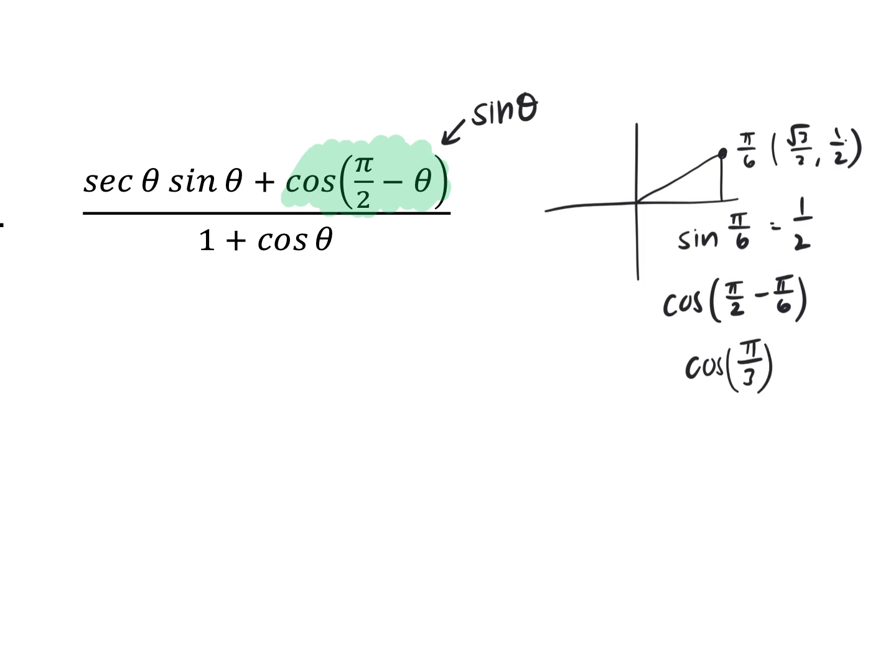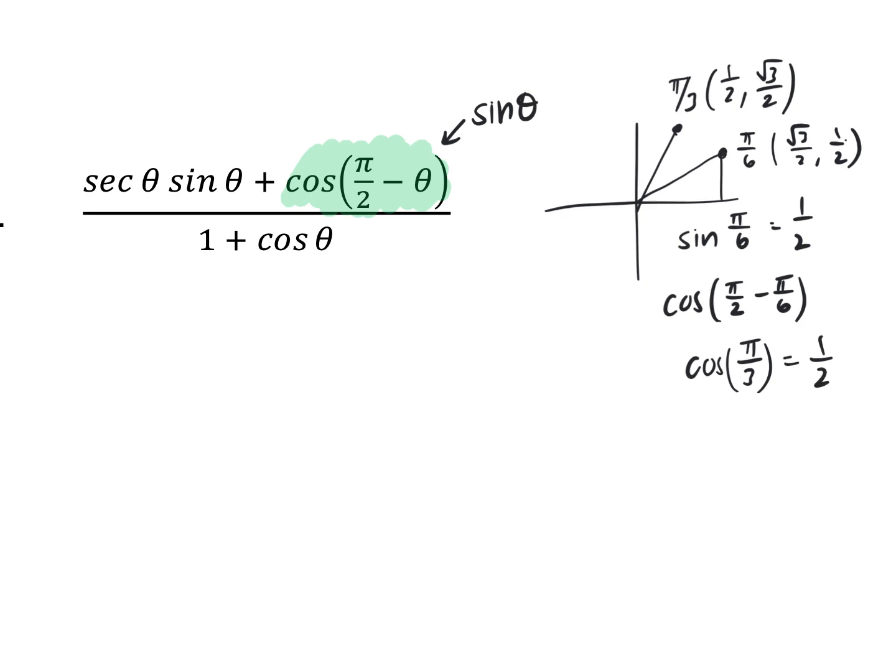We good with that fraction work there? Okay. And so cosine of pi over 3 is up here. And if you don't remember your coordinate points for that, it's 1/2 comma square root of 3 over 2. So cosine of pi over 3, my x value of pi over 3, is also 1/2.